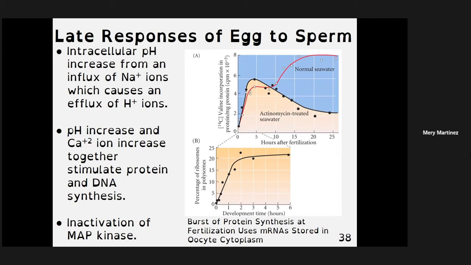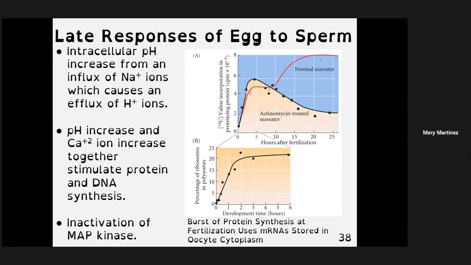So here we have a little schematic of what happens. This is our fertilization. So very soon during fertilization, and this is the ratio for protein production. So right after fertilization, we see an increase in activity that coincides normally with the amount of calcium and sodium that is going inside that cell, and the efflux of hydrogen, of course.